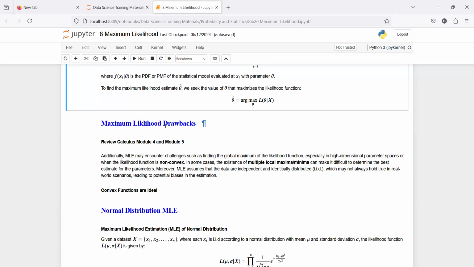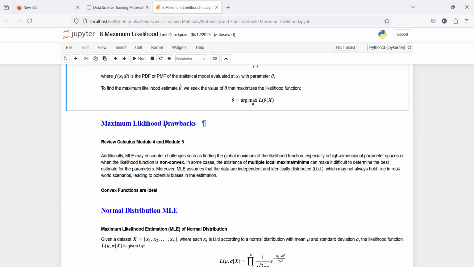MLE may encounter challenges such as finding the global maximum of the likelihood function, especially in high dimensional parameter spaces or when the likelihood function is non-convex. We saw this earlier, where there are multiple stationary points, multiple minimums, multiple maximums. That's a difficult situation, when there are multiple local maxima and minima, because it's difficult to find the point that optimizes the estimate of the parameters.